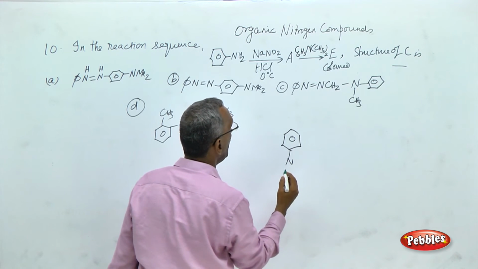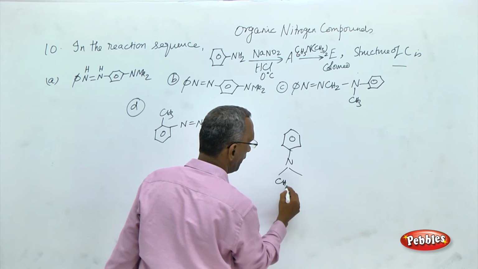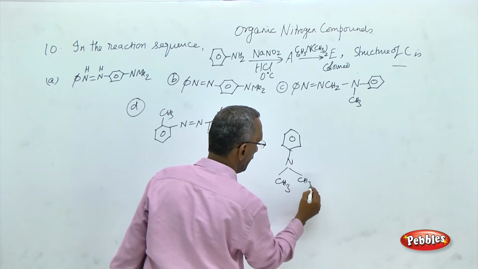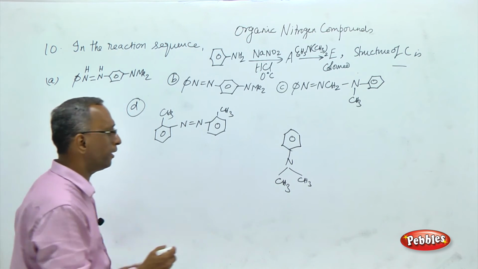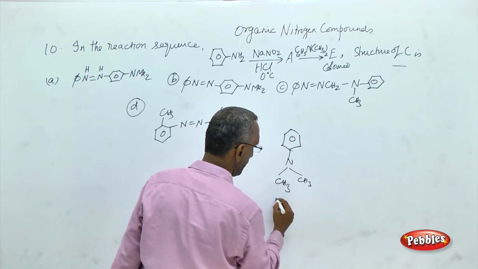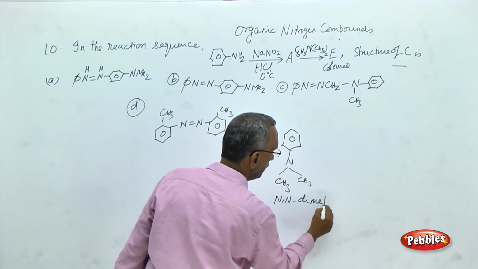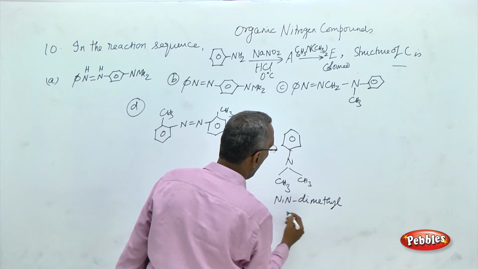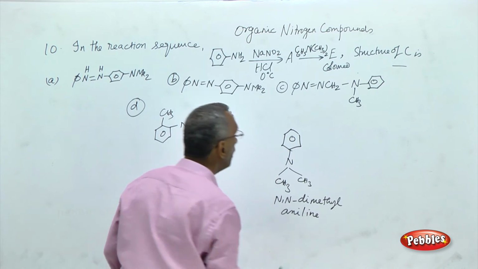In aniline, C6H5NH2, the 2 hydrogen atoms on nitrogen are replaced by CH3. This is called N,N-dimethyl aniline. 2 methyl groups are attached to the nitrogen. So it is called N,N-dimethyl aminobenzene or aniline.